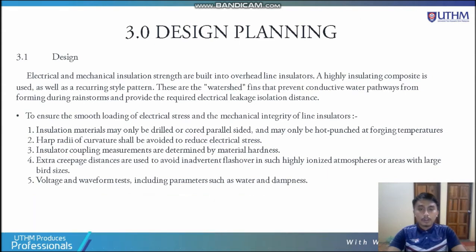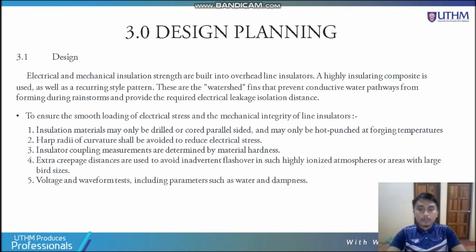Today I will continue our presentation about the design planning. In 3.1 is about the design. Electrical and mechanical insulation strength are built into overhead line insulator. Highly insulating composite is used as well as recurring style pattern.